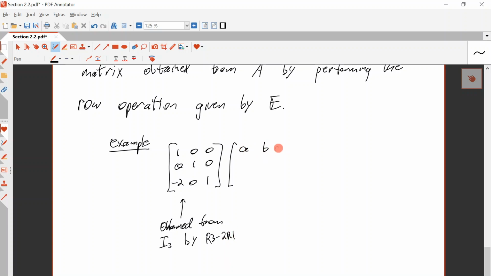Okay, and now let's take any old 3 by 3 matrix, A, B, C, D, E, F, G, H, I. And let's multiply and see what we get.